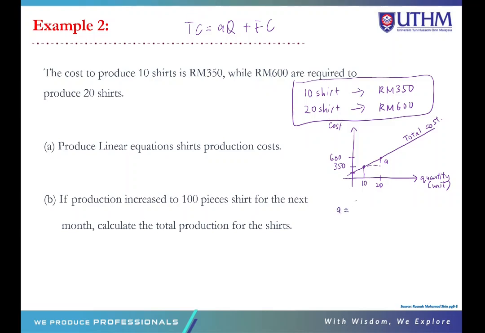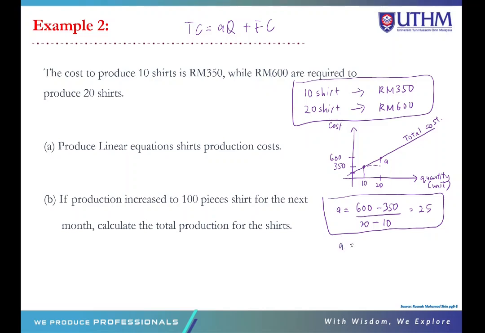So A is 600 minus 350 over 20 minus 10, so you will get 25. Now you need to find the intersection, C. Using a similar concept, you can find the intersection at the y-axis.